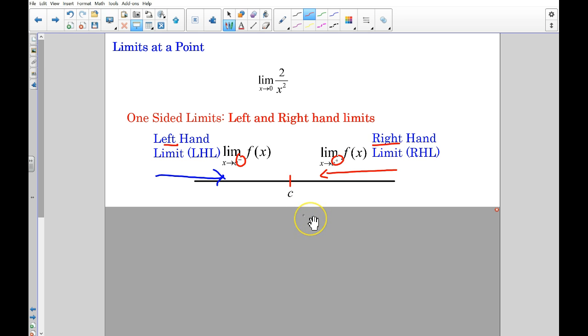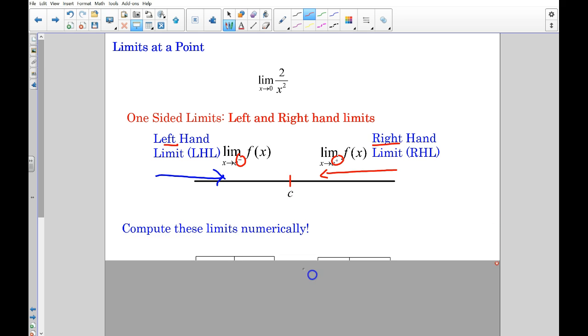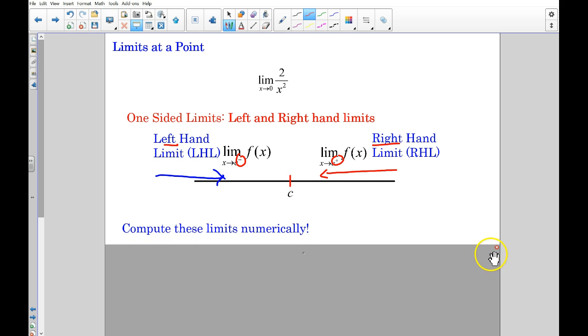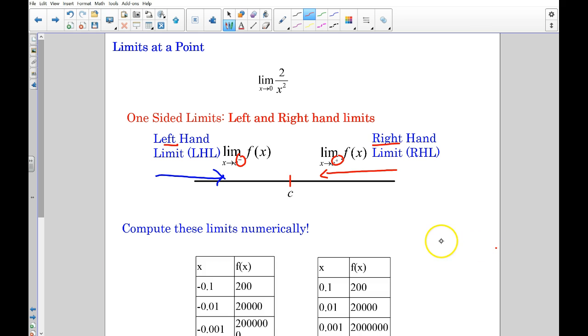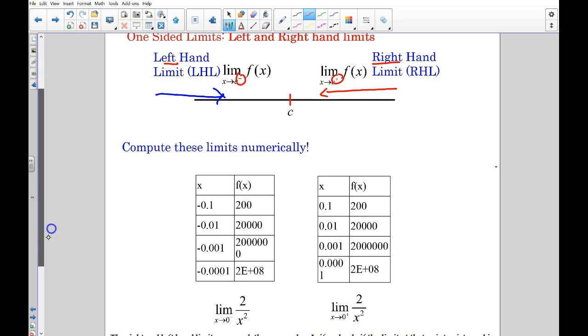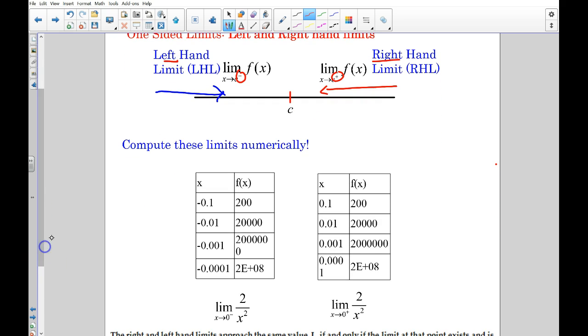Now, to find these, really the only way that exists is we have to do these numerically. So we would have to make a table of values that approach the limit from either side. So again, I'm using the function from above. In the case of, if c was 0, I would have to take values leading up to 0 and see the trend that f of x progresses towards.